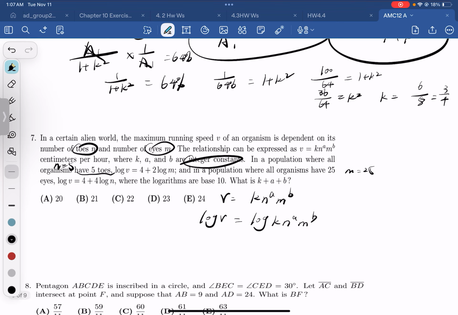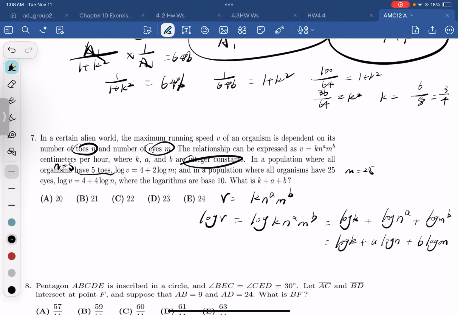Based on the product rule of the logarithm, we can write log k plus log n to the a plus log m to the b. And we can further simplify it by using the exponent rule for the logarithm. So it's log k plus a times log n plus b times log m.